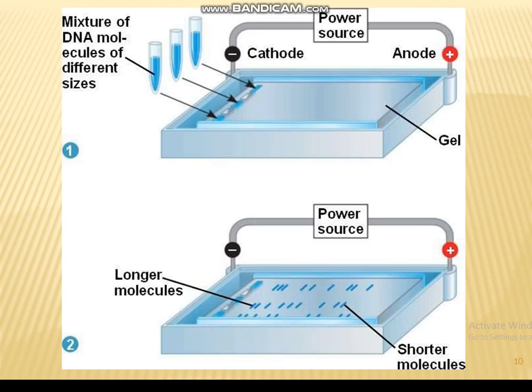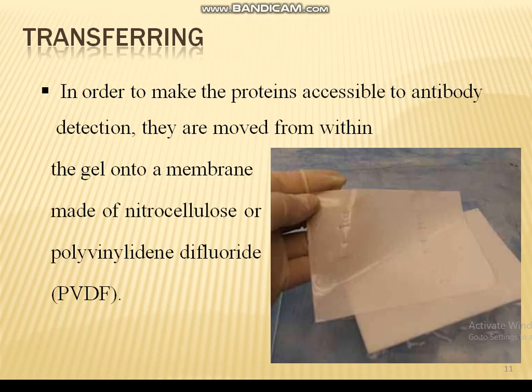See how we are adding a mixture of molecules of different sizes into the gel, which is connected to a power source, one end to the cathode and one end to the anode. So it will separate them into long molecules and shorter molecules.